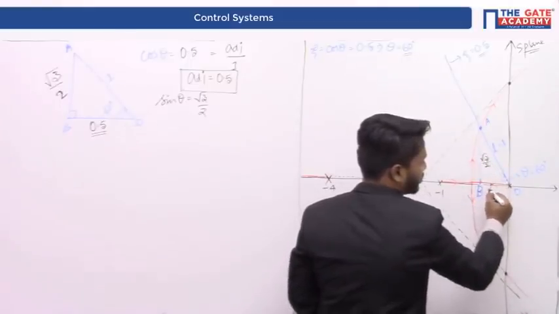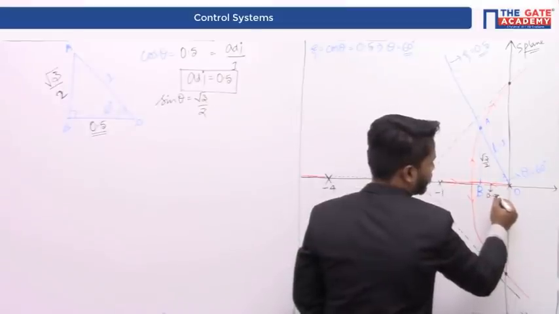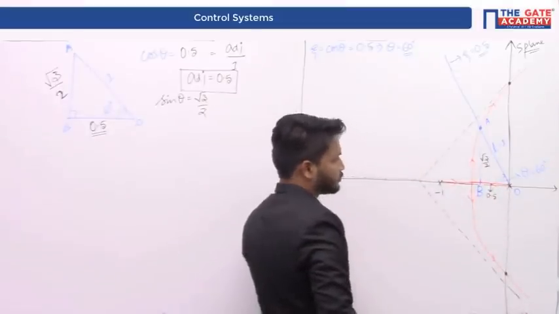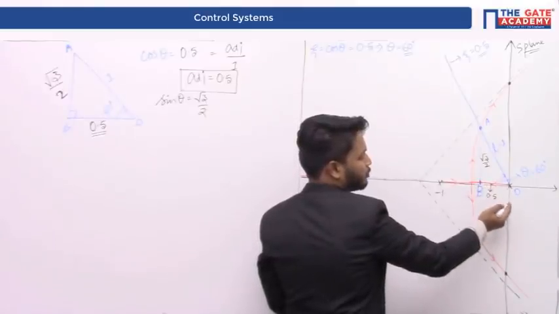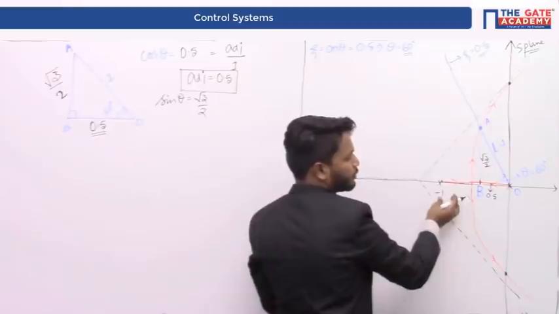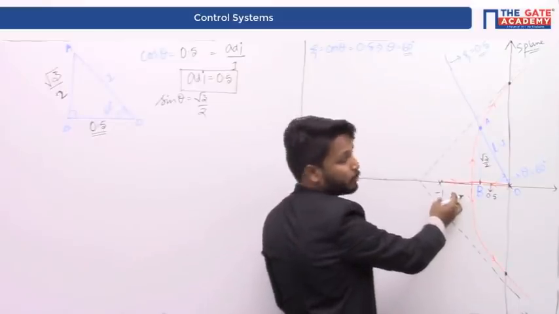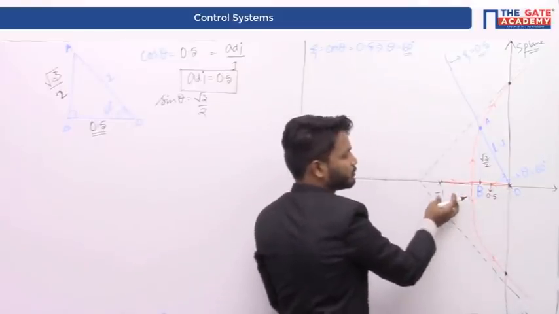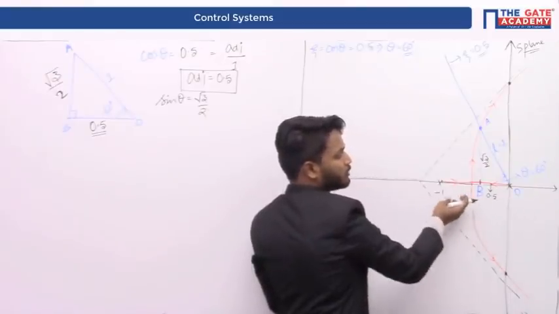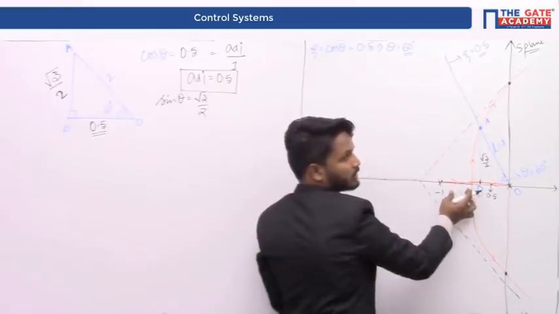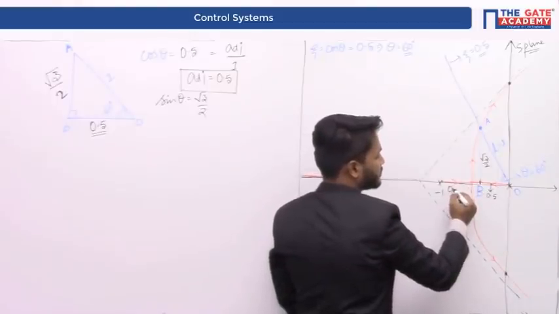Whereas this particular length is 0.5. If the length from O to B is 0.5, then from B to this pole it is again 0.5, because from O to this pole it is 1 unit, right? This pole is at -1, so 1 unit minus 0.5 is 0.5.